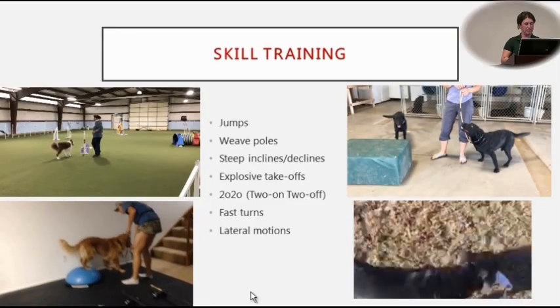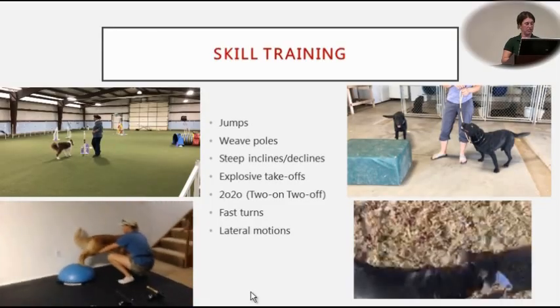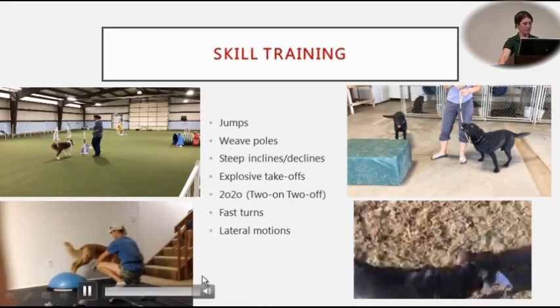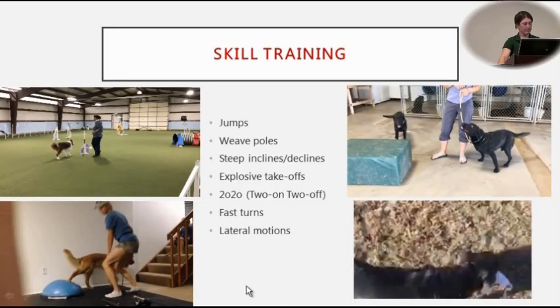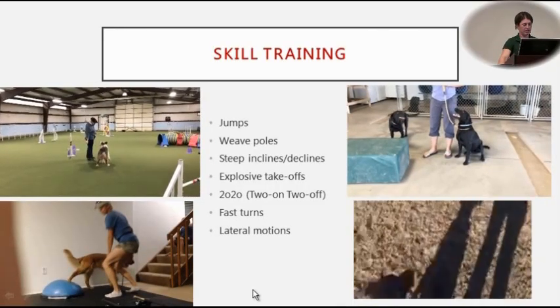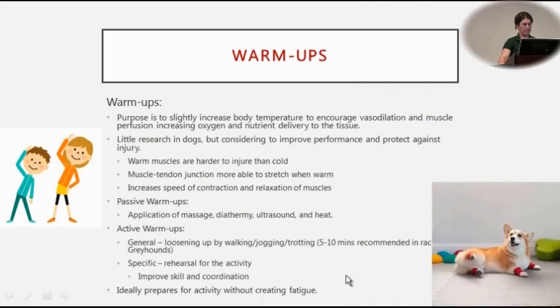And then again, these 2-on, 2-off reaches, but on a Bosu ball. So lots of good stuff we can do for our patients with full body exercises and skill training.